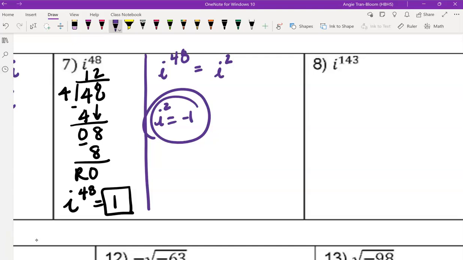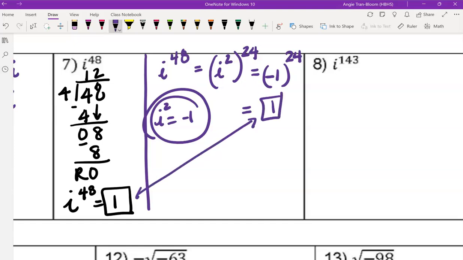So that means I am going to get 24 pairs of i squared. And i squared is going to be -1. -1, guys, to an even power, which is 24 in this case, it's always going to be positive. So it's going to come out to be 1.